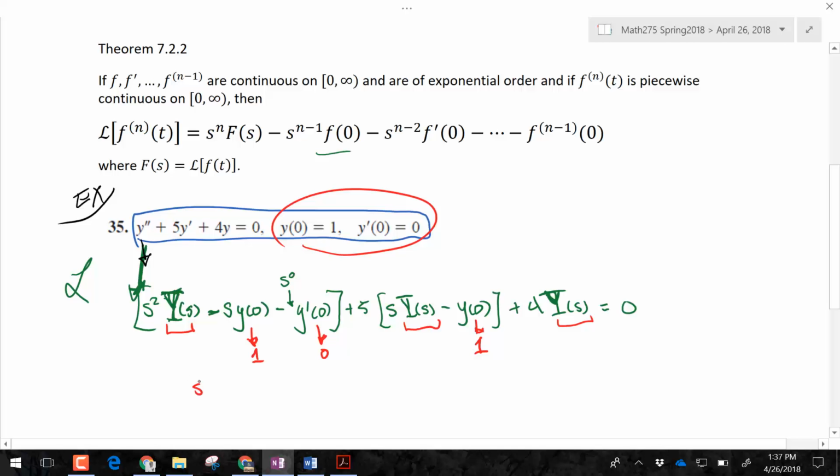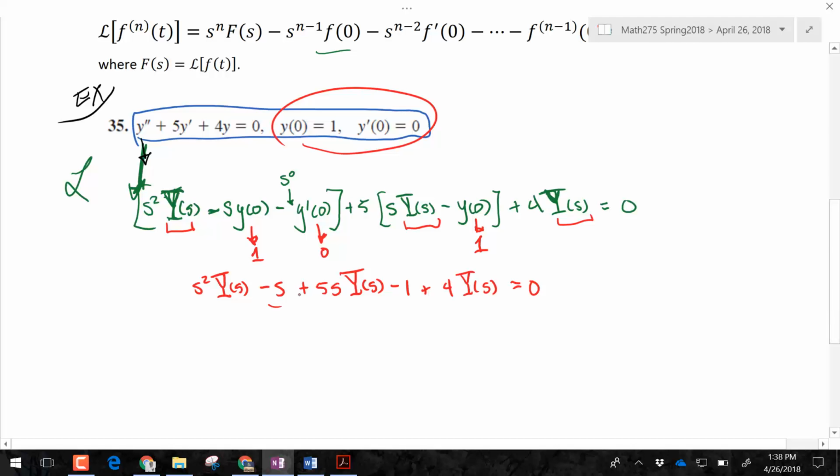So we have s squared capital Y of s minus s, plus 5s capital Y of s minus 1, plus 4 capital Y of s is equal to 0.